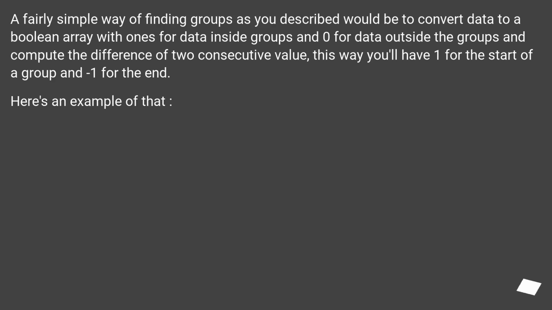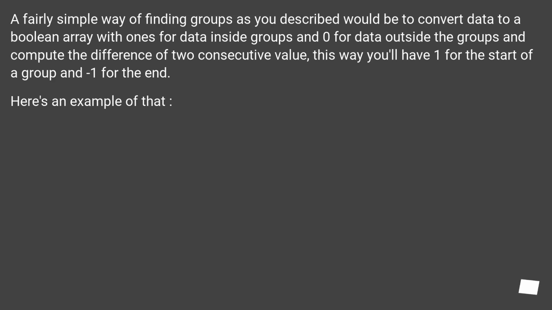A fairly simple way of finding groups as you described would be to convert data to a Boolean array with 1s for data inside groups and 0 for data outside the groups, and compute the difference of two consecutive values. This way you'll have 1 for the start of a group and -1 for the end.